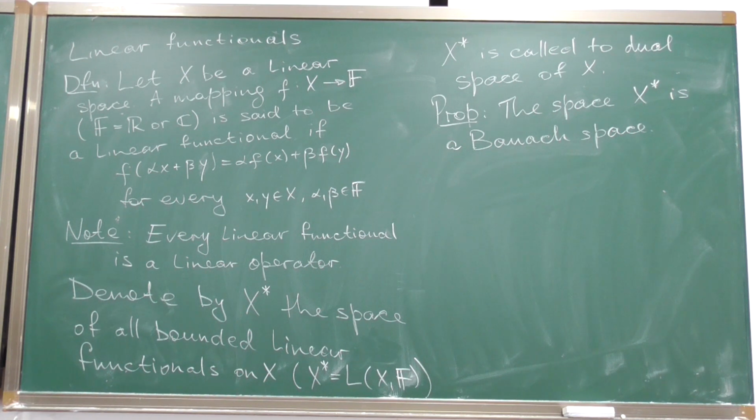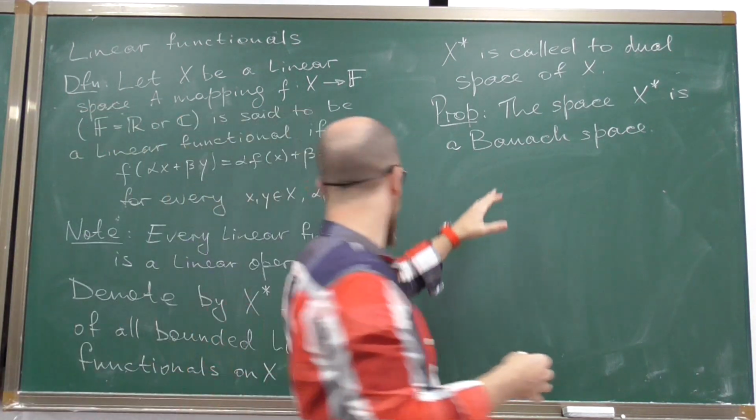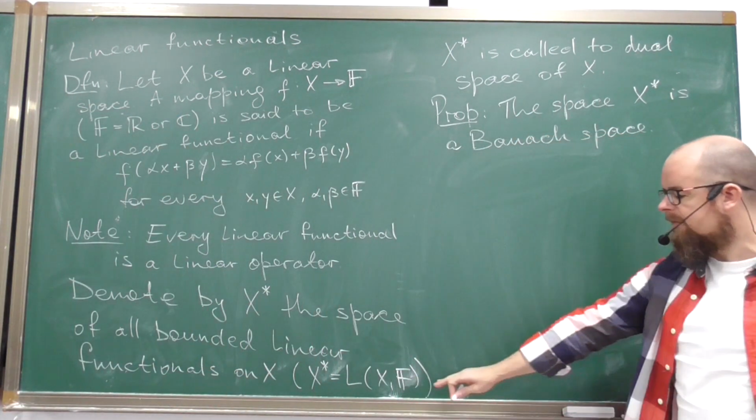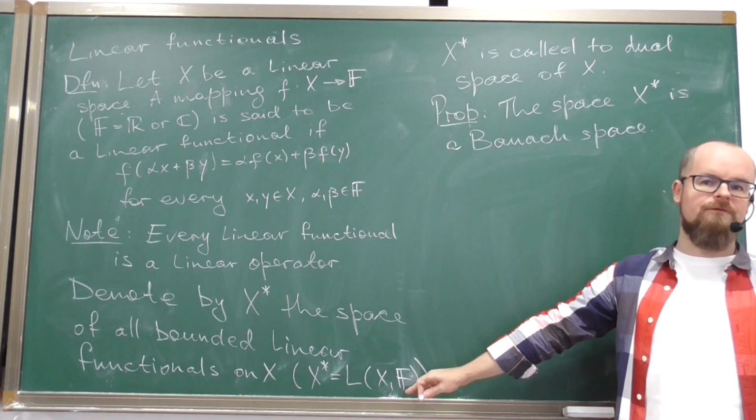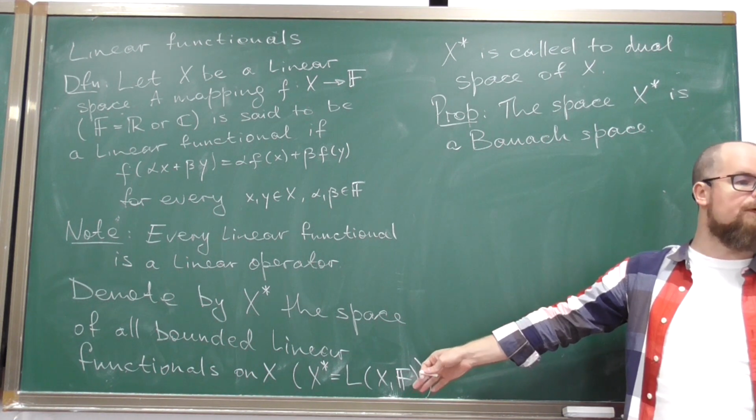For bounded linear operators, we proved that the space of all bounded linear operators from space E to space F is Banach, is complete, if the codomain is complete. But in our case, the codomain is either the set of real numbers or the set of complex numbers, which is complete.